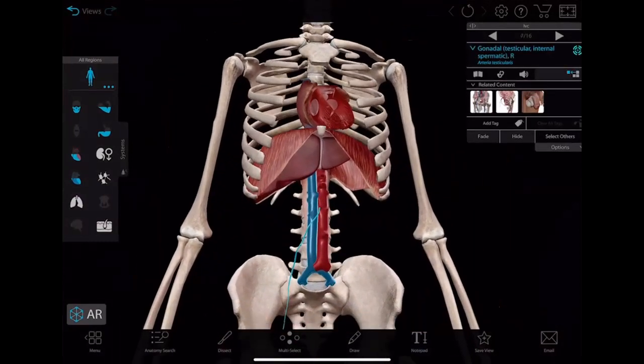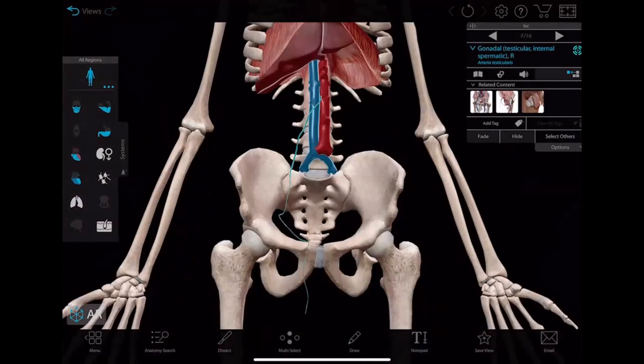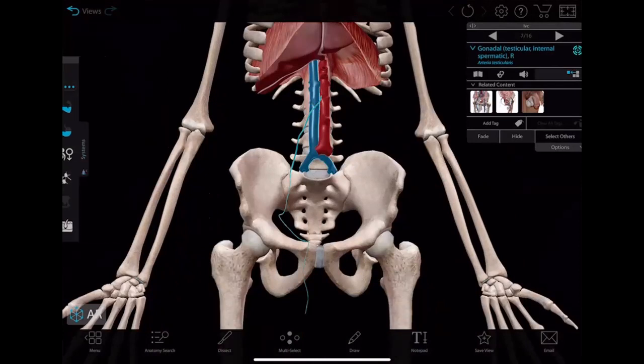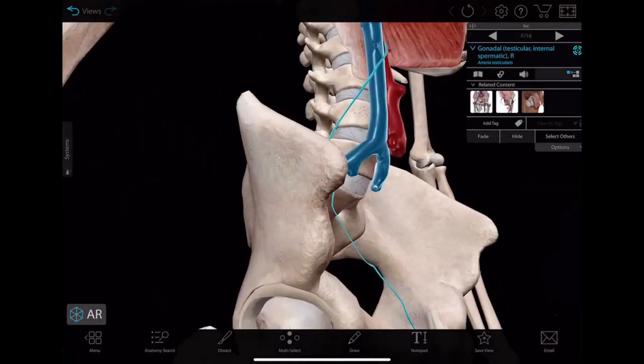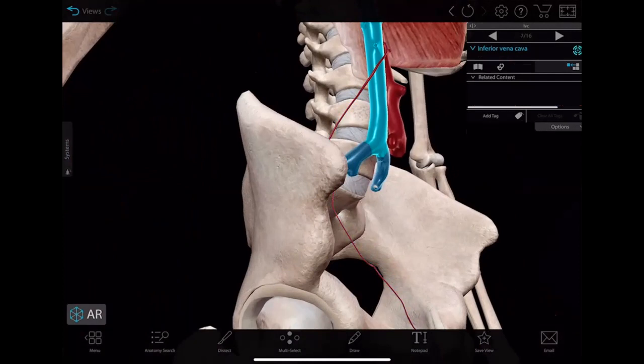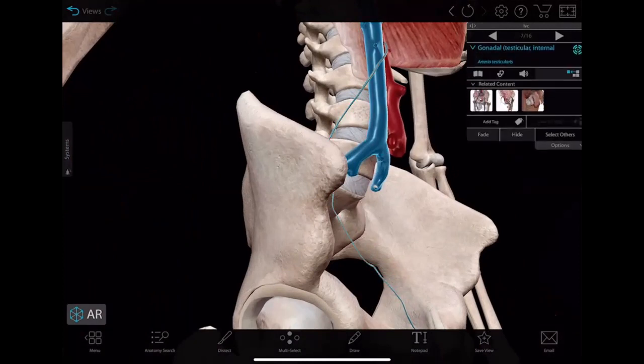You see, this is the ovarian or gonadal artery. The gonadal artery, either testicular or ovarian, is in front of the inferior vena cava. This is the inferior vena cava, and this is the testicular artery, only right side.